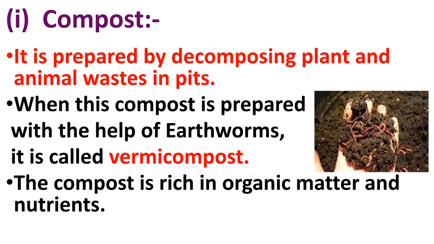So what is compost? Compost is prepared by decomposing plant and animal waste in pits. Plant waste such as straw and animal waste such as cow dung are decomposed in pits and compost is being prepared.